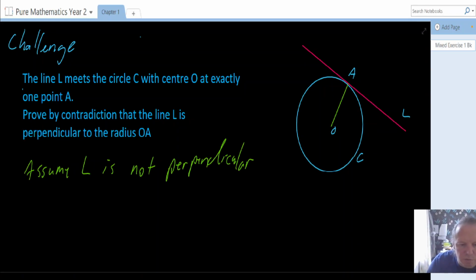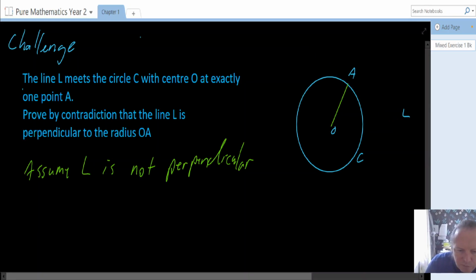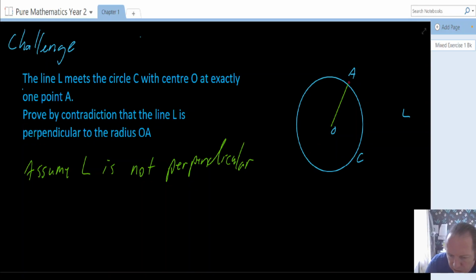If I draw it a little bit off, I am assuming that it goes through here and is not perpendicular to the radius. So it must come through here, something like that. A wiggly line might help us visualize this.